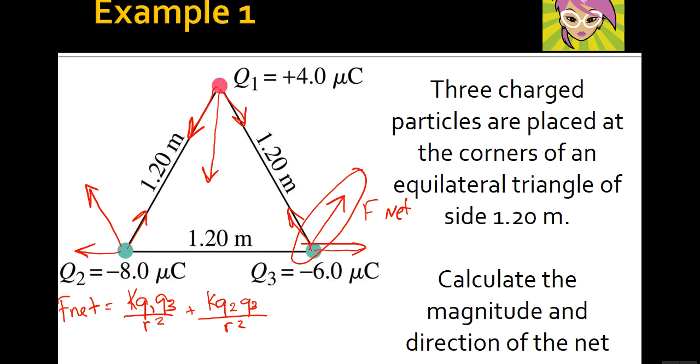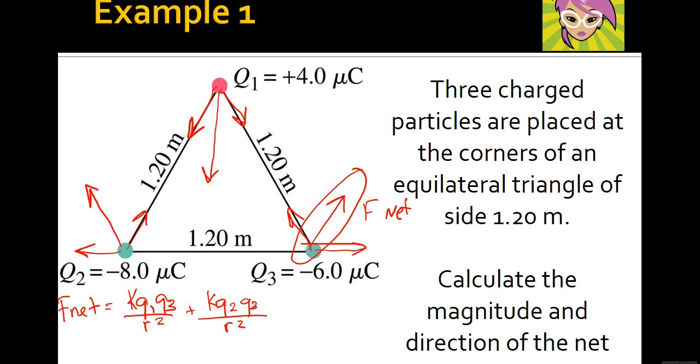So here's the same thing, k Q2 Q3 over r squared times cosine 60. But this time, is it going to be positive or negative? Is this force going in the positive x or negative x? Positive x.